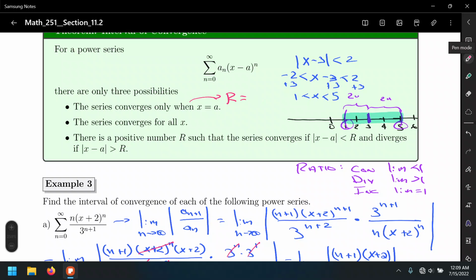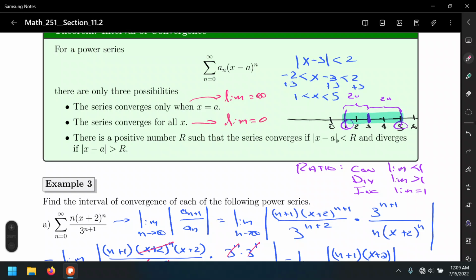No, actually when the radius is infinity. It converges for all x when the radius equals, or rather the limit, the limit is 0. The series converges only at a when the limit is infinity.